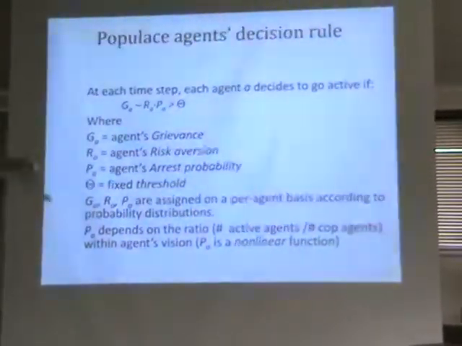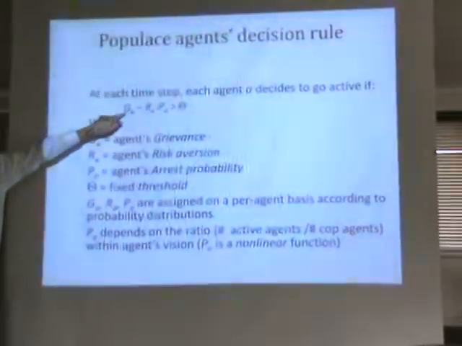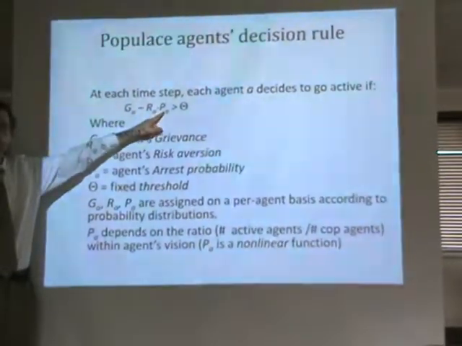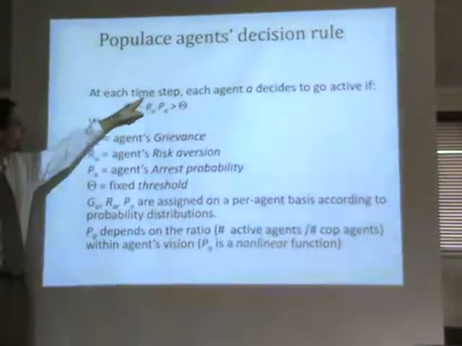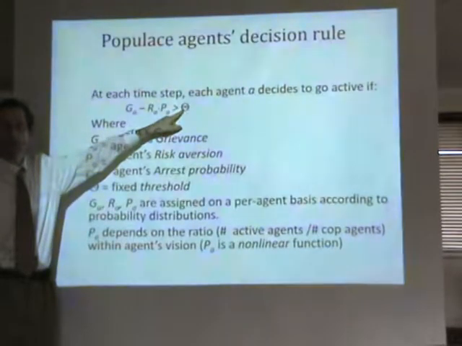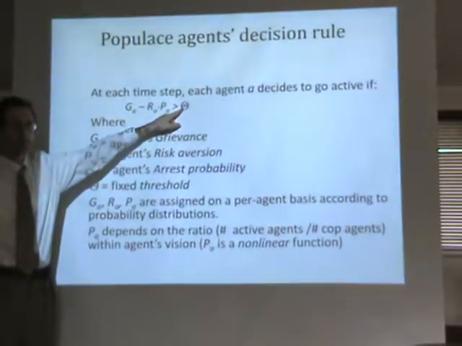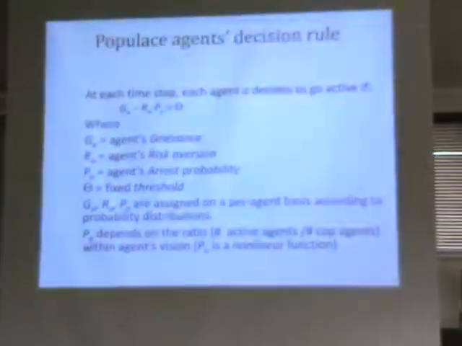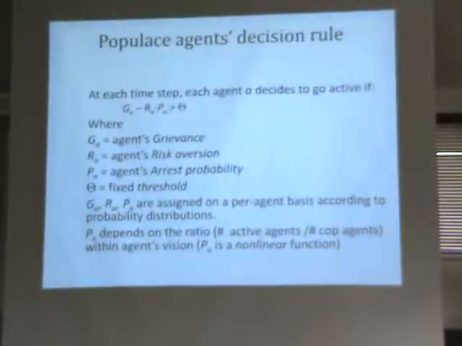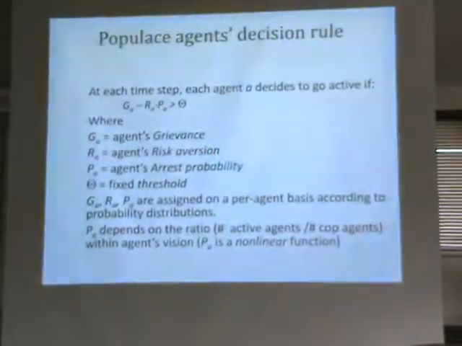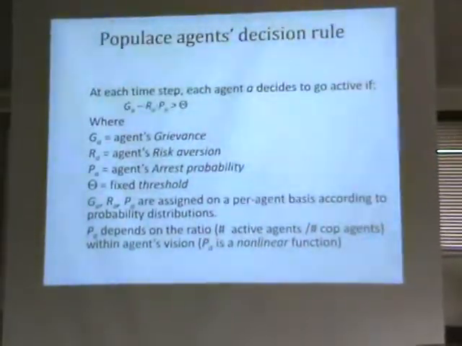What it says is that if the agent's grievance is large, and the probability that he will be arrested is small, then this quantity is large. If it's larger than a certain value, then that agent is more likely to become violent. So that's how it works.